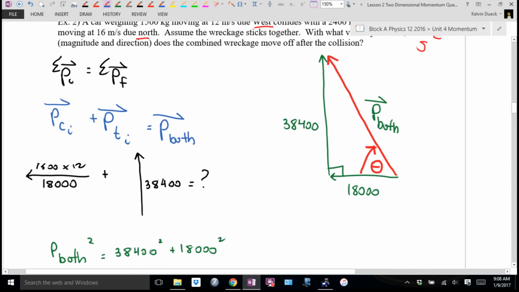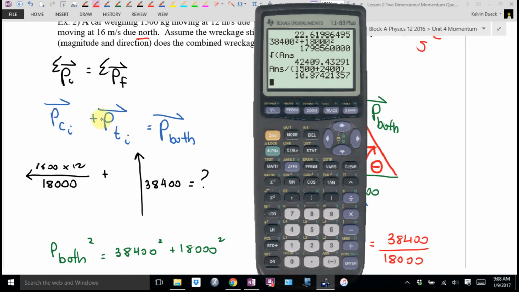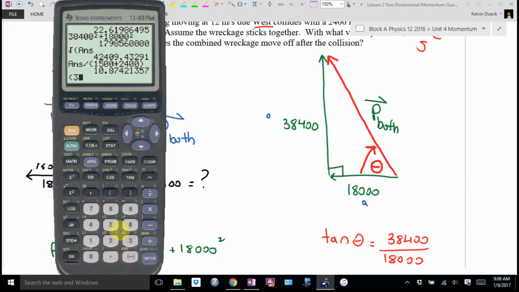Let's find theta. I can go opposite, adjacent. I can say tan theta equals opposite over adjacent. Hang on.